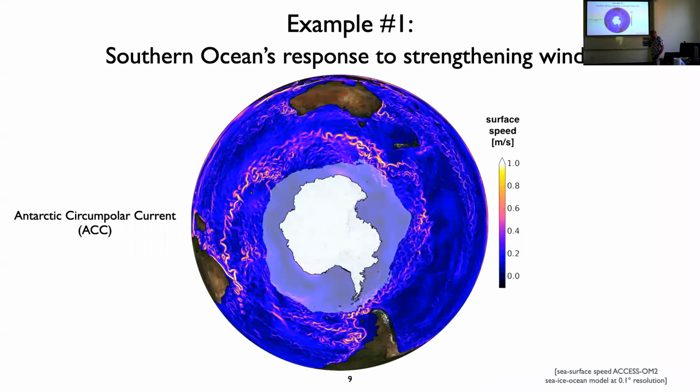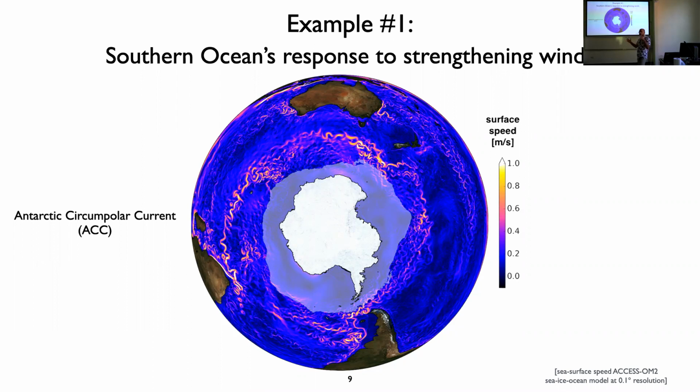What you see here is a snapshot of the surface ocean currents of the southern hemisphere. And what pops out immediately is this big current that goes around Antarctica. The Southern Ocean, the ocean that is surrounding Antarctica, is the only place on Earth where you can have waters flowing around latitude circles.